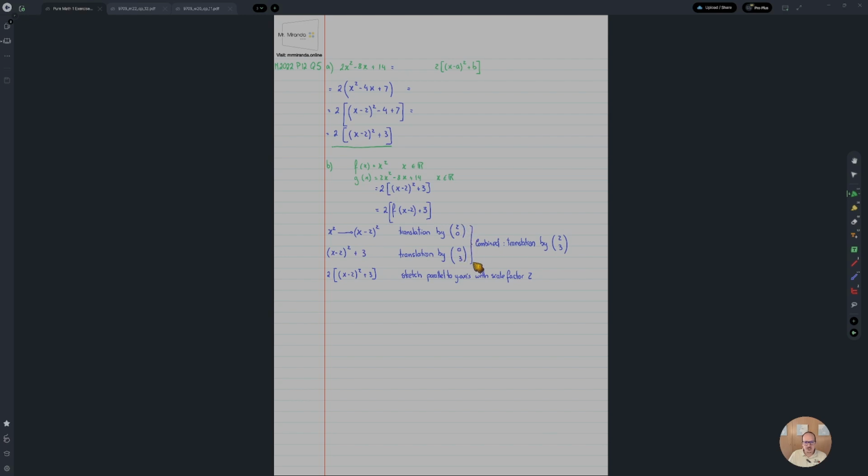If you combine these two, you have a translation by the vector (2, 3). And finally, all of this is multiplied by 2, right? So this is a stretch parallel to the y-axis with scale factor 2, a vertical stretch with scale factor 2. Okay, this is what you should answer.